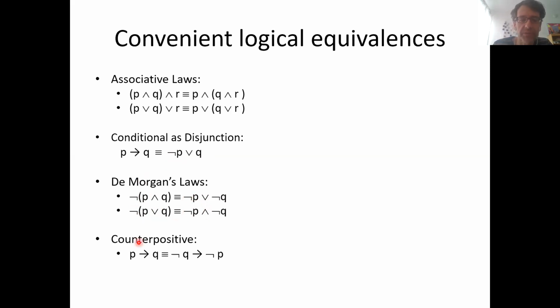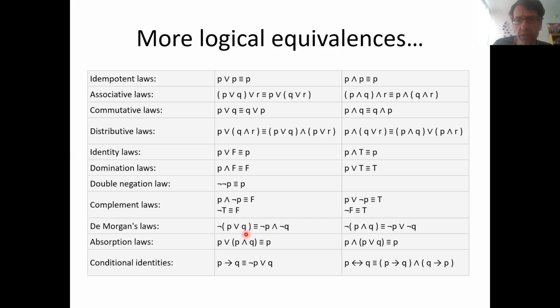And the contrapositive, right? That P implies Q can be restated as not Q implies not P. We dwelt on each of them, and this is just putting them all together. In fact, in the book, you have more of these, right?